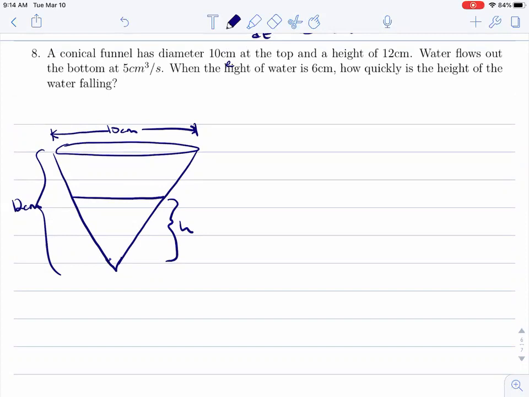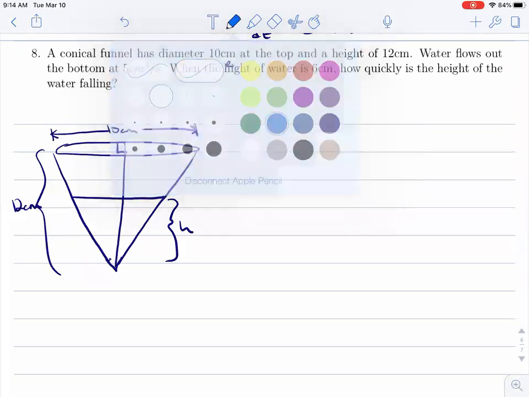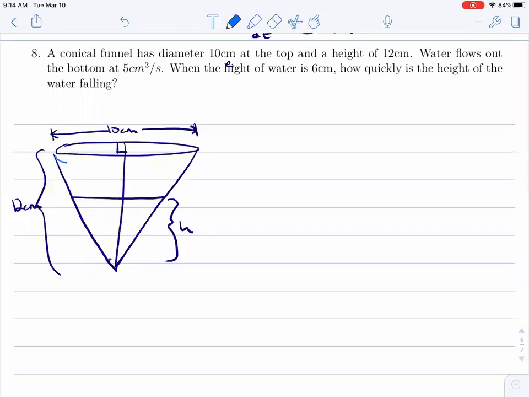And what we can do is split this thing up and talk about similar triangles, right? Because we've got this right angle here. If the diameter is 10 centimeters, the radius is 5 centimeters, and then we can call this just the radius r.